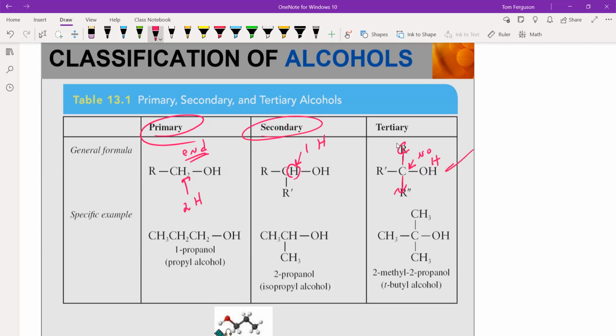And this guy can't be oxidized, where this can be oxidized once, this can be oxidized twice. Twice because it has 2 hydrogens, once because it has 1 hydrogen. Okay, so get used to looking at, if you see an alcohol, look at it and see what kind it is.